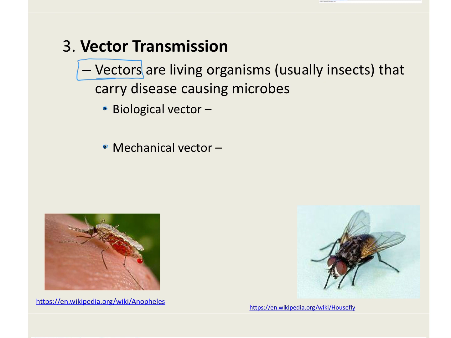A biological vector just means that the pathogen or the microbe is growing and reproducing inside of the insect. So in other words, part of that pathogen's life cycle has to take place inside of that insect.